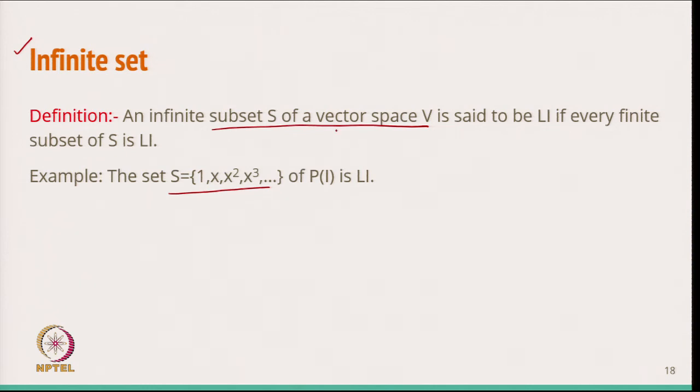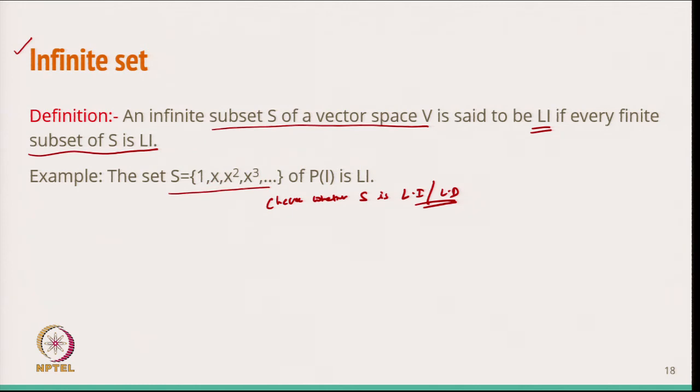So, an infinite subset S of the vector space V is said to be linearly independent if every finite subset of S is Li. So, for example, if I take this one and I want to check whether S is Li or Ld, ultimately we are not going to take the linear combination of all the infinite number of elements.